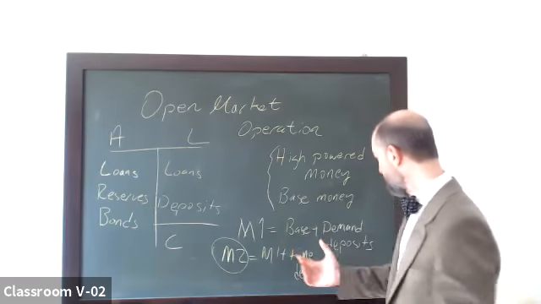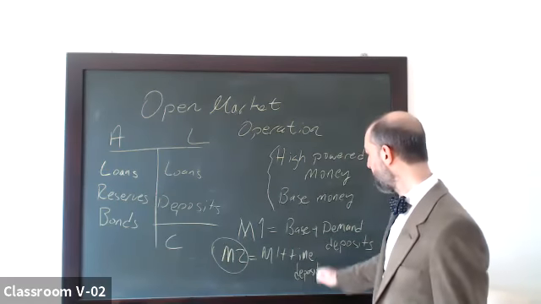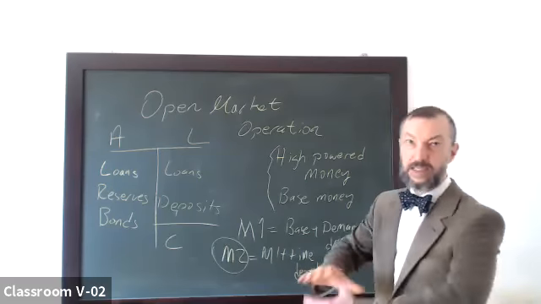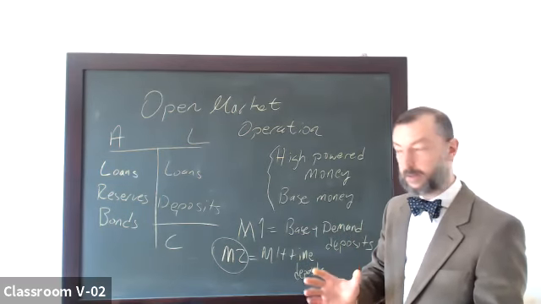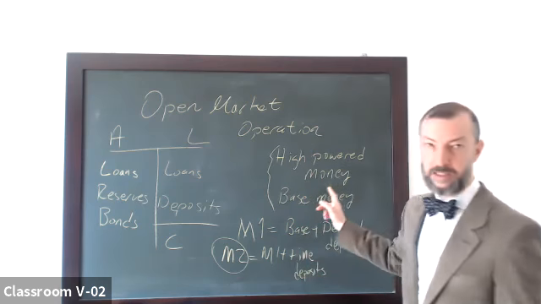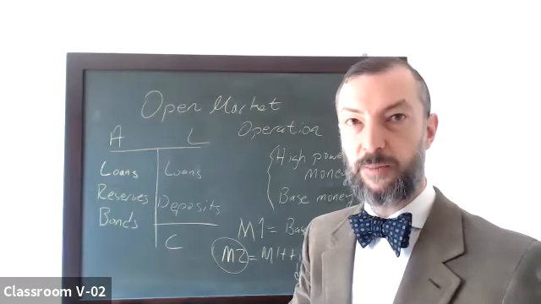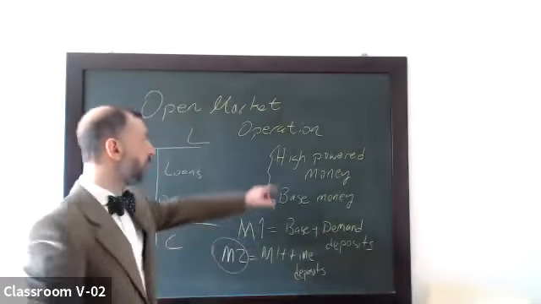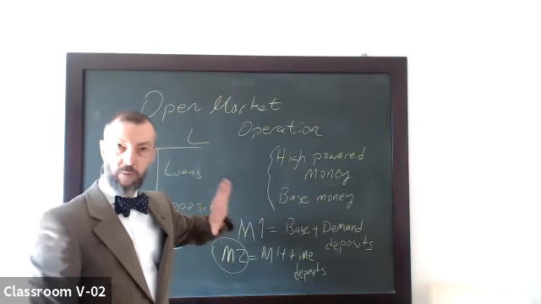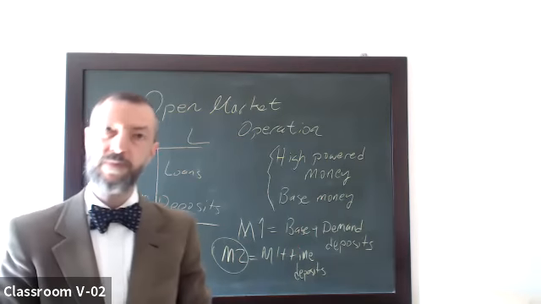And therefore, in this total, when I'm looking at the total of base money, demand deposits, and time deposits, okay, the increase is going to be much larger than the initial increase in the high-powered money. The ratio I'm going to call the money multiplier. How much M2 does one more lira of high-powered money, one more lira of central bank money, create, okay?